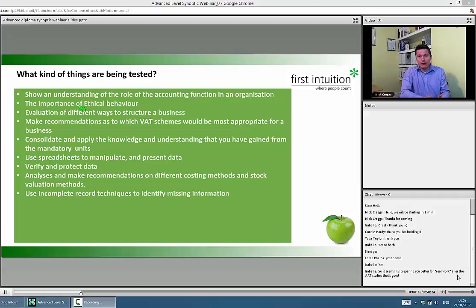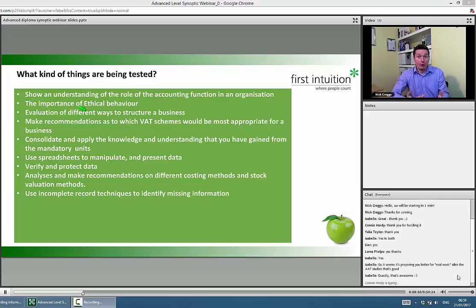So it's not narrowly focused on testing you on indirect tax while ignoring everything to do with the business structure because that's a different exam. We're going to bring everything together. It is meant to be what you would do in the real world, and what employers are looking for.